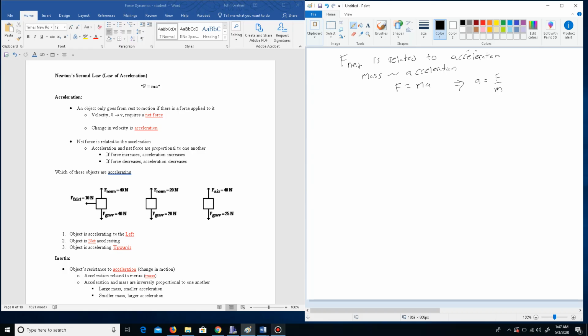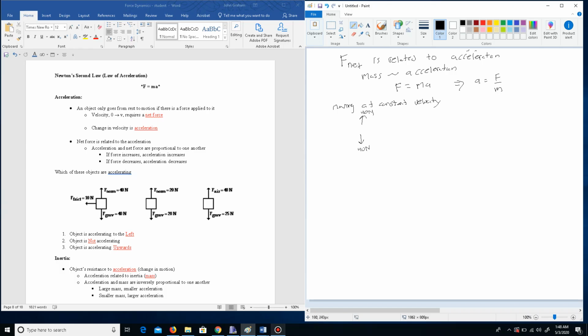So this is something moving at a constant velocity, where the normal force is 40 newtons up and gravity, its weight, is 40 newtons down.